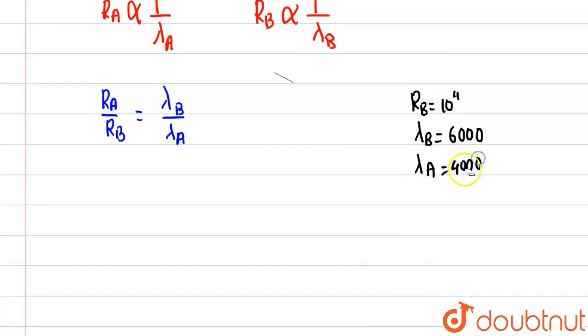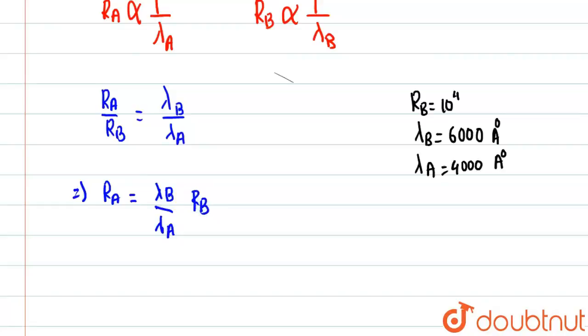Since we are taking the ratio, we are dividing both wavelengths, so we don't need to convert to meters, because Angstrom and Angstrom units will get cancelled. So R a will be equal to lambda b divided by lambda a, into R b.